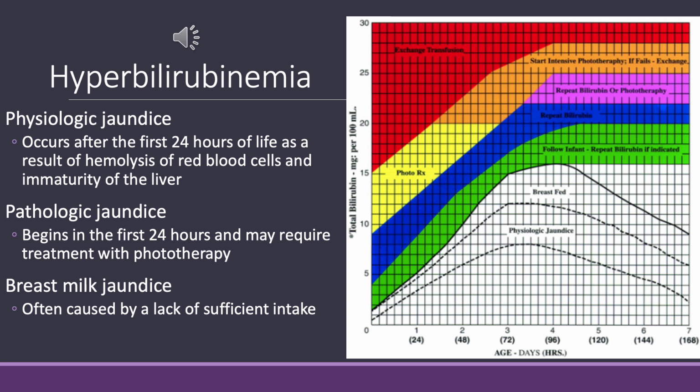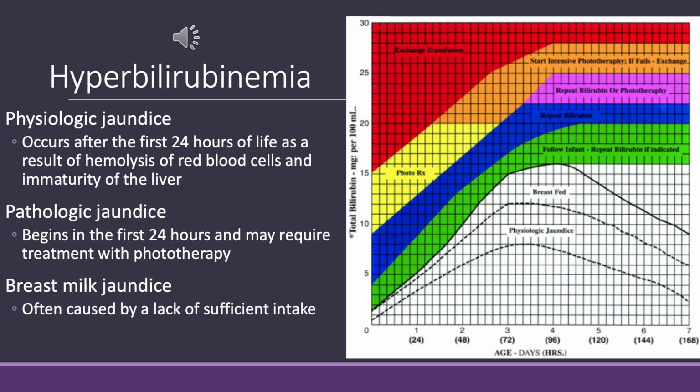Physiologic or non-pathologic jaundice is not usually present on the first day of life, not usually a cause of concern because it's usually transient and considered normal because the bilirubin is going to go up a little bit but not to a dangerous level.